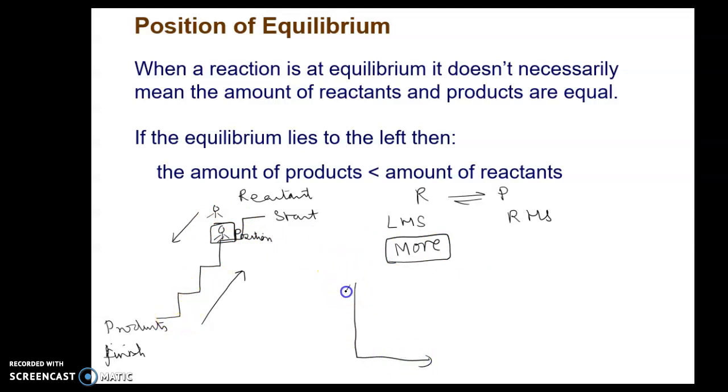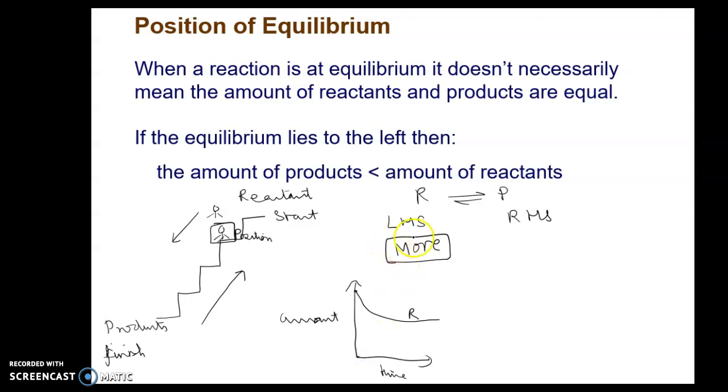So if you were to plot a graph here, time again, you've got amount on this axis. As before, we start with more reactants, so we've got more reactants here. As the reaction progresses, you've got reactant concentration in that format. Products, let's say we didn't start with any products, we start with 0.